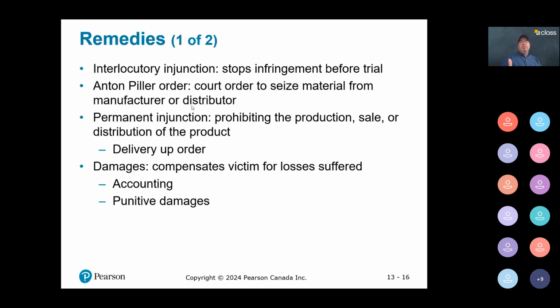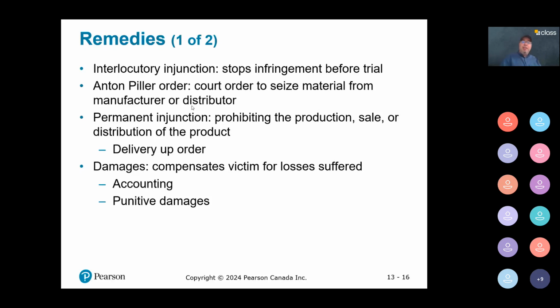What is the objective of the Anton Pillar order? It is to preserve the offending material. Now, if I know I am being sued for violation of copyright and I have the evidence in my laptop, I could try to destroy my laptop, put fire in my SSD, HDD.